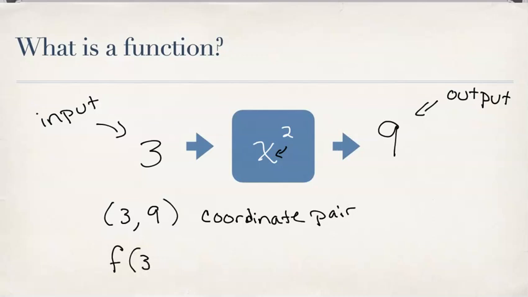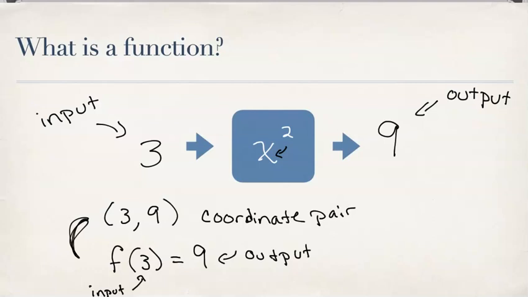So I input 3 into my function f, and I get out 9. My input always goes in here, and my output is always what the function equals. All right, so a coordinate pair, these are 2 ways of saying the same thing.